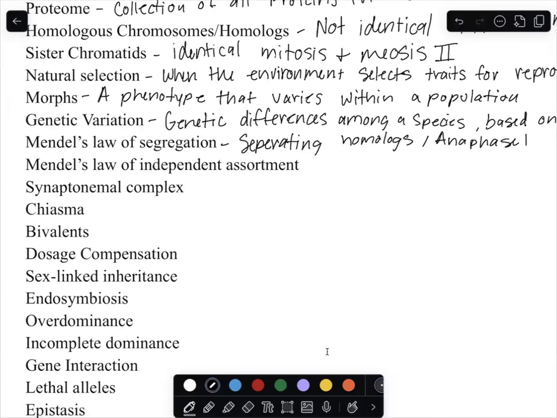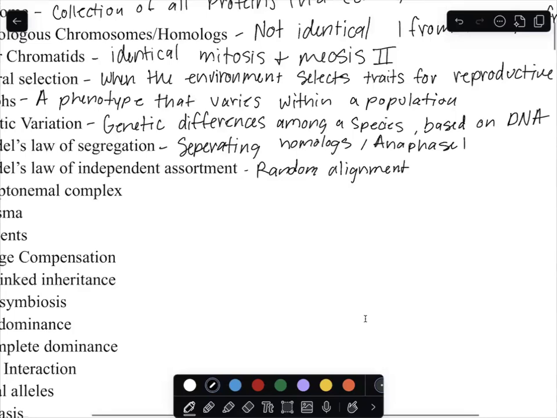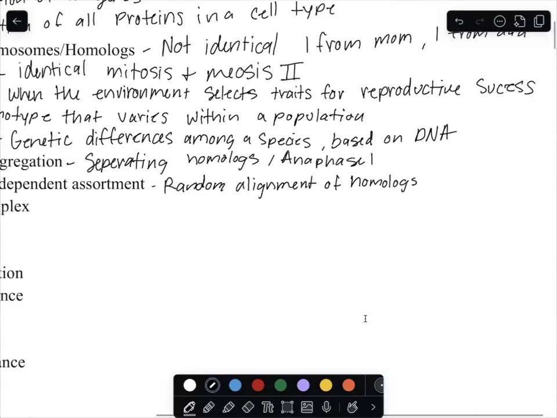This is the random alignment of homologs, and this happens at metaphase one.